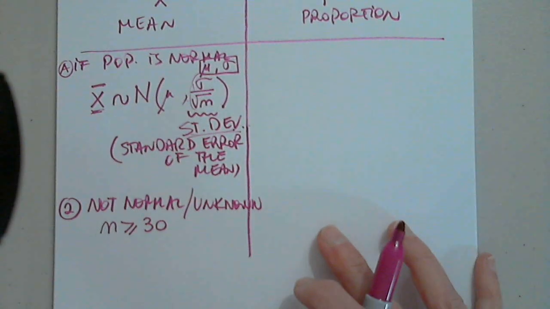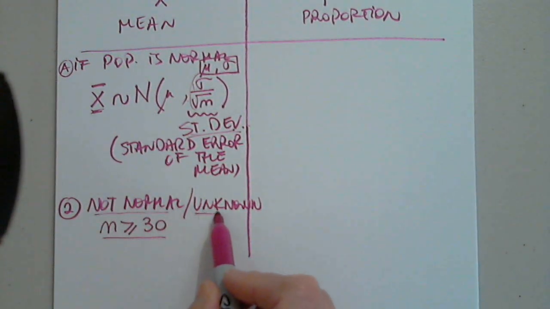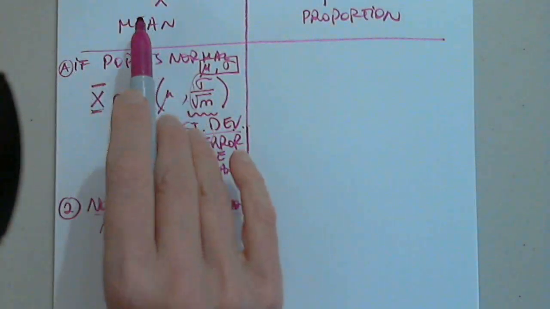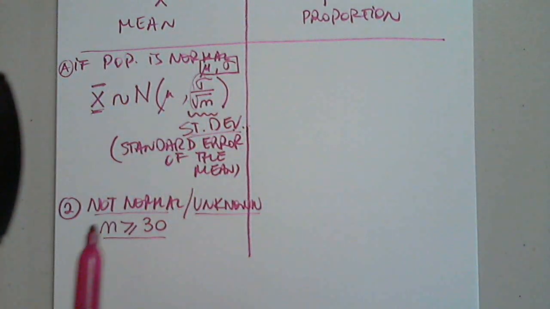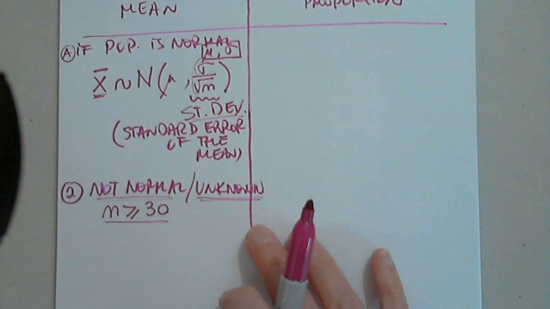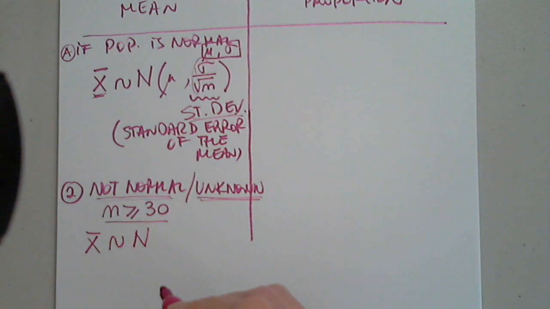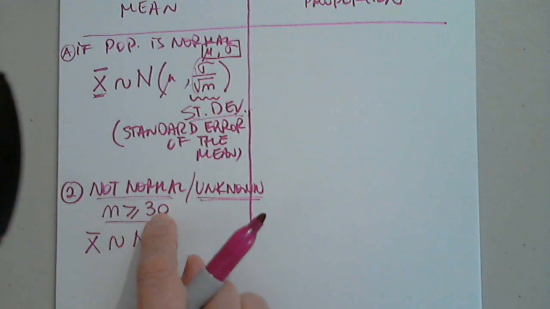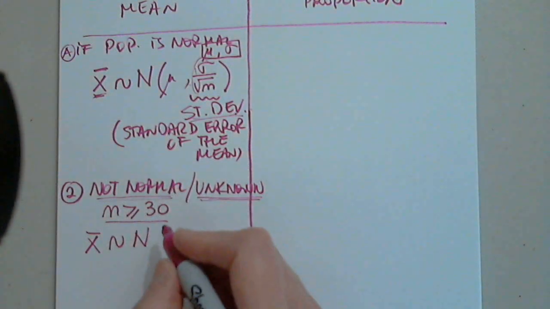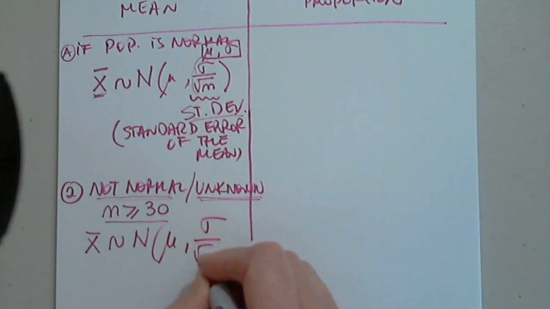It was experimentally determined over the years. So if the underlying population where I'm selecting samples is not normal or the distribution is not known, then X bar is still normal if the sample size that I select is greater than or equal to 30, with the same mu and sigma over the square root of n.